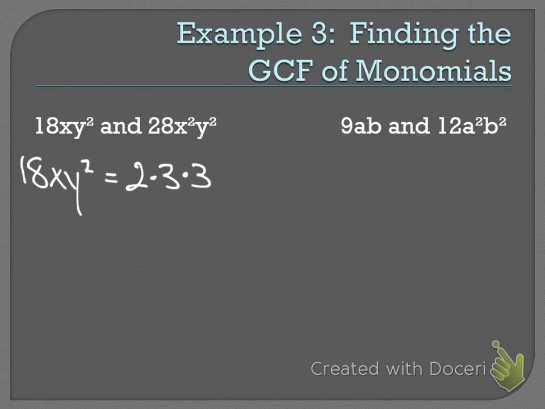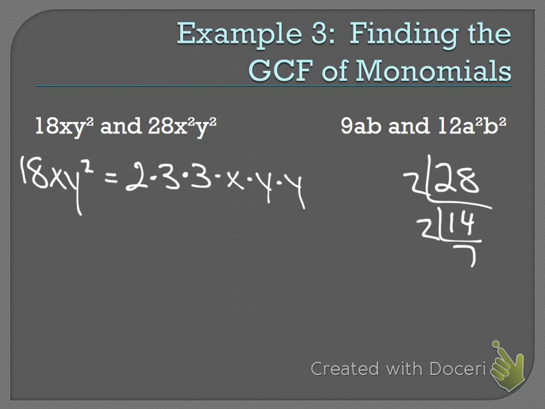You see how we did that? We just did a quick prime factorization off to the side. Times how many x's? 1. Times how many y's? Okay, and then for 28, again, just come off here over to the side for 28. 2, 14, 2, and 7. So now you've got 28x squared y squared equals 2 times 2 times 7.